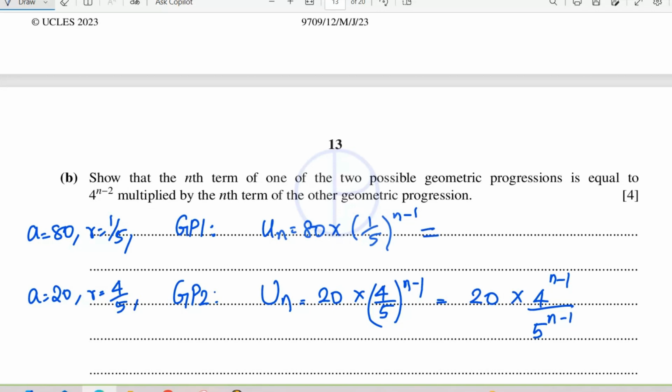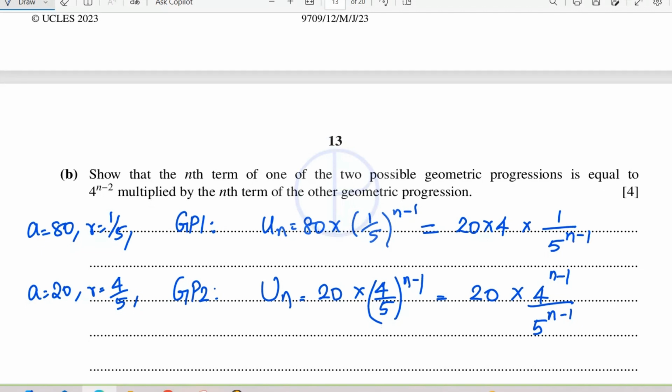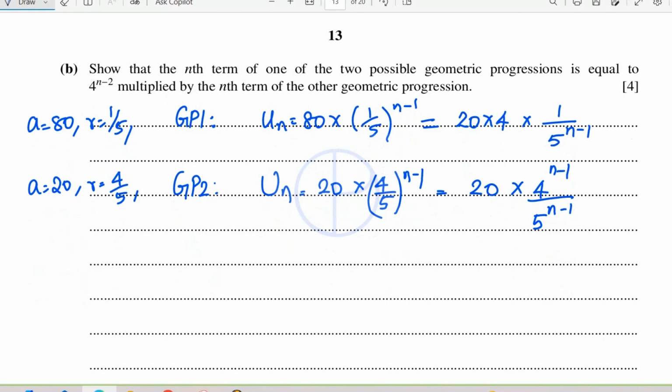And 80 can be written as 20 multiplied by 4, and this is 1 over 5 power n minus 1. So we need to prove one geometric progression is equal to 4 power n minus 2 multiplied by the other geometric progression. So un is equal to 20 multiplied by 4 power n minus 1 divided by 5 power n minus 1.